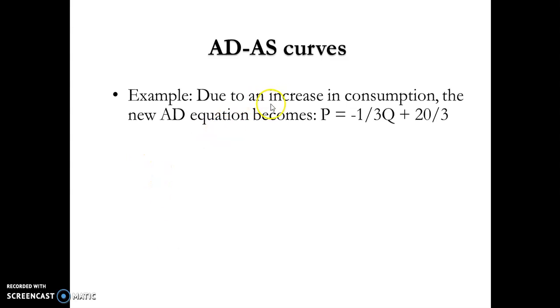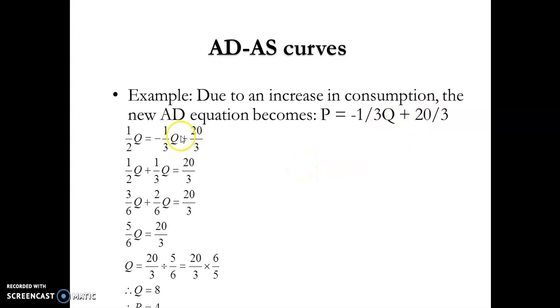Now you are told due to an increase in consumption, the new AD equation becomes P is equal to minus a third Q plus 20 over 3. So all you now have to do is equate your old supply equation to your new aggregate demand equation.